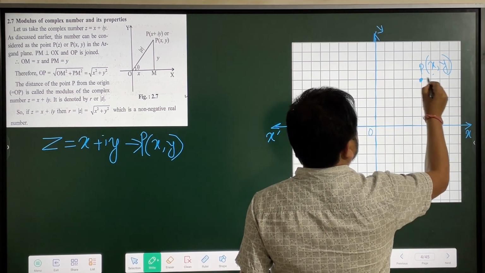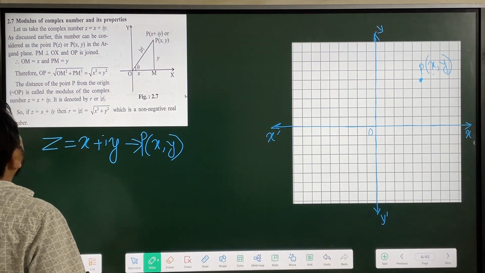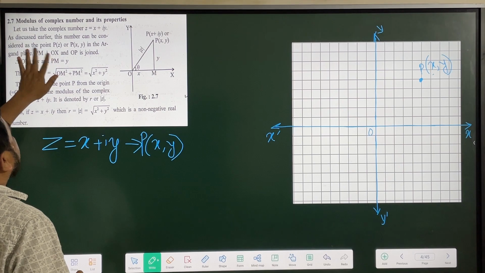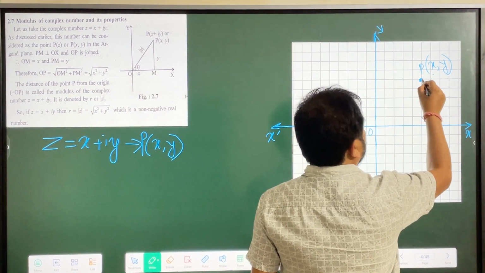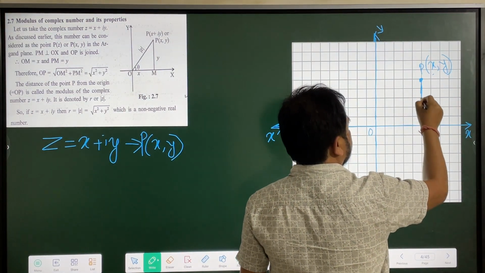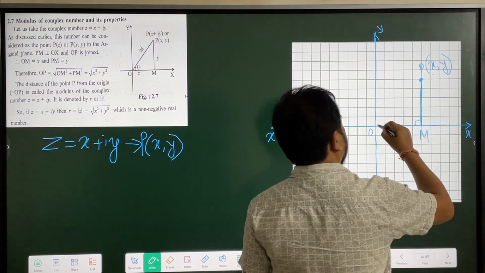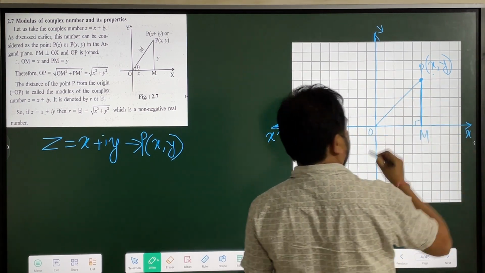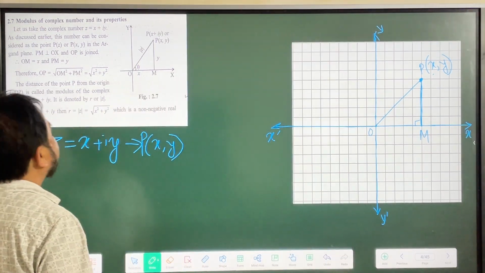Okay, this is the point P. Here the coordinate point is (x, y). From P, a perpendicular PM is drawn on OX, and OP is joined. So this has become a right angle triangle PMO.